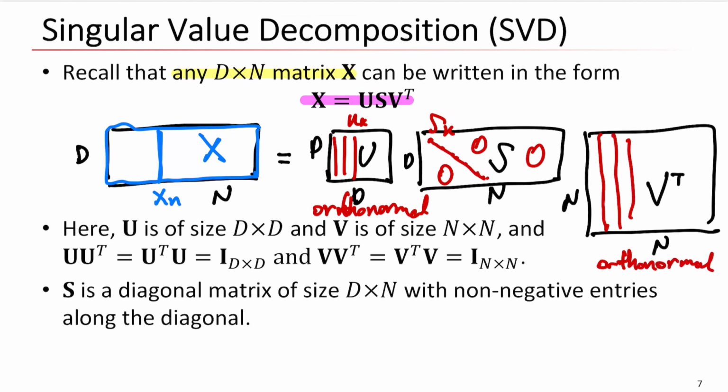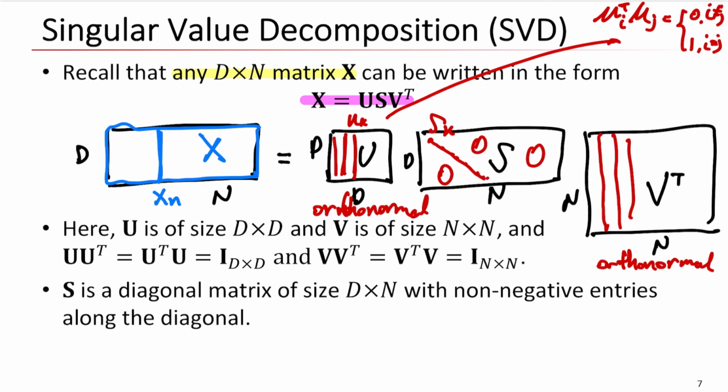What does orthonormal mean? For u_i and u_j, different column vectors, u_i transpose u_j is 0 when i is not equal to j, and 1 when i is equal to j.